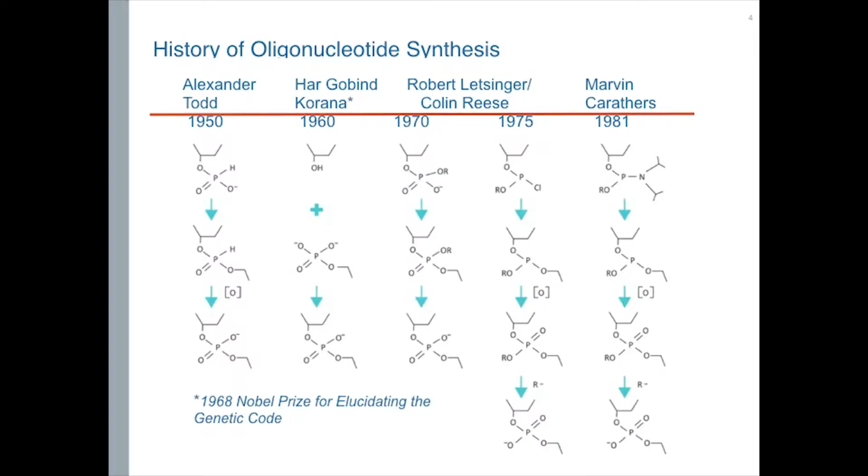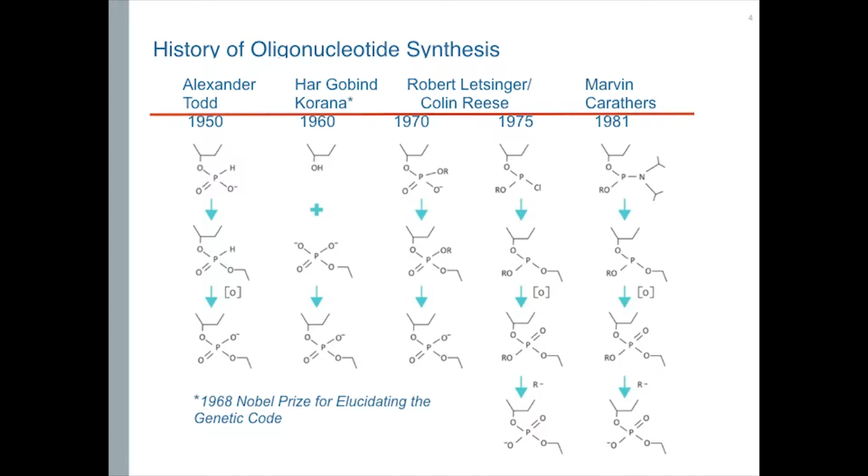Just by way of history, we benefit by standing on the shoulders of others. Oligosynthesis started in the 50s with Todd, 60s with Khorana. Khorana used a difficult chemistry to elucidate the genetic code, for which he got the Nobel Prize in 1968.